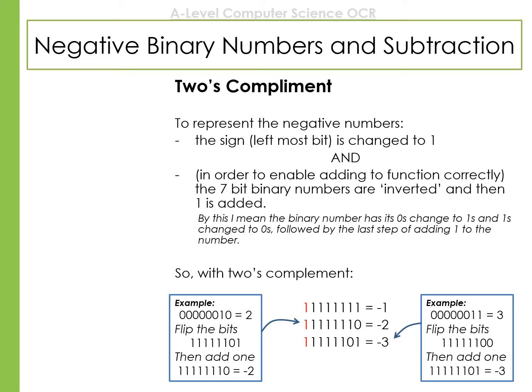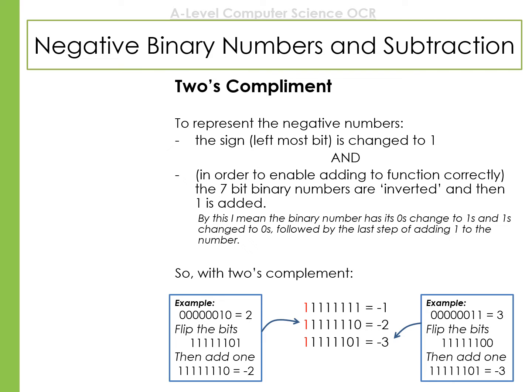3 works in exactly the same way. We write it out in normal binary. We turn it to a minus, we flip the bits, so all the 0s become 1s and the 1s become 0s. Then we add 1 to it. So minus 3 would be 6 1s, 0, 1. Minus 1 is actually all 1s.